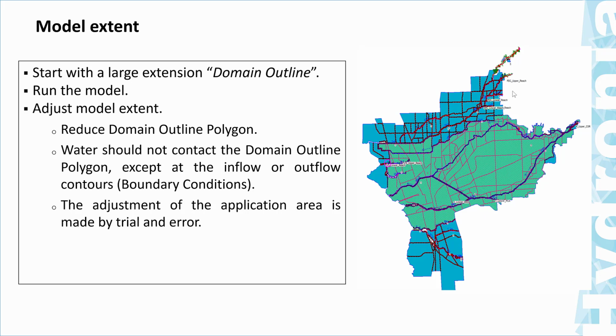So the idea is that we should start by using a relatively big area in order to compute the flow, and make simple runs initially just to see if the flow can get to the boundaries. And if the water hits the boundary that we have selected, then we should extend the mesh, even out of that area.